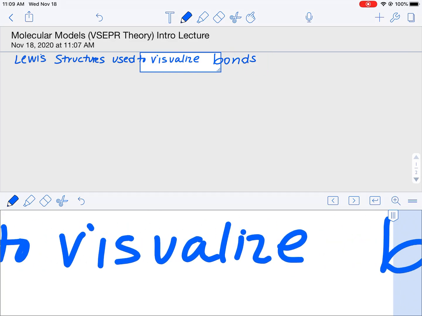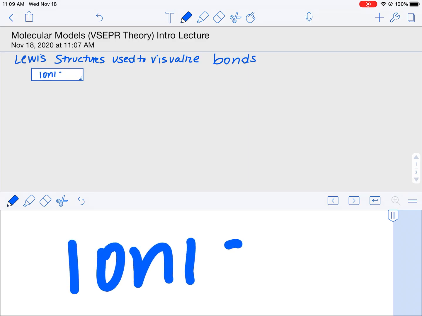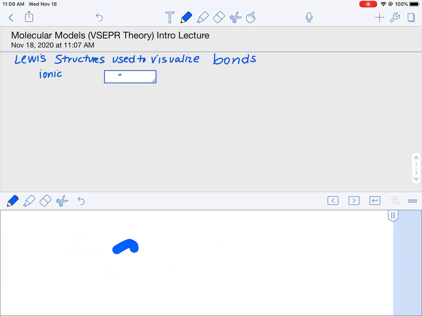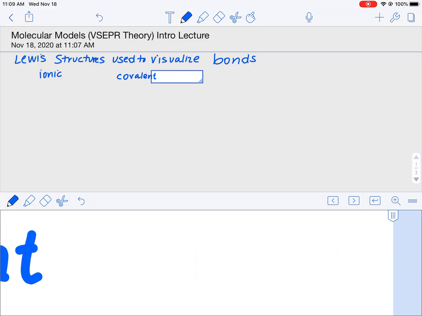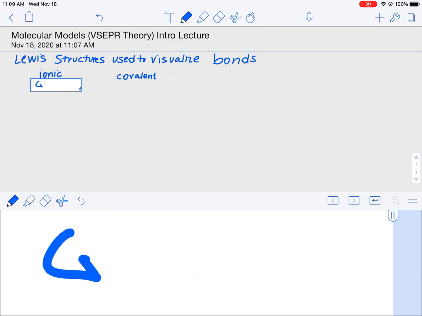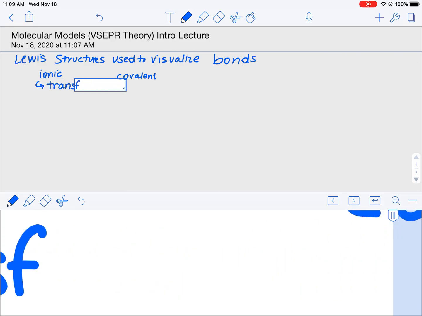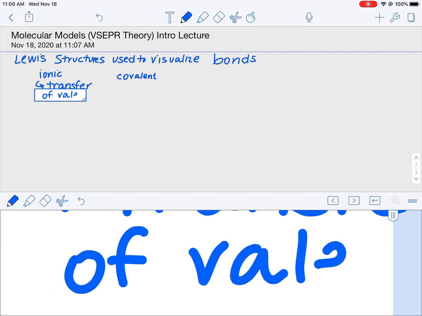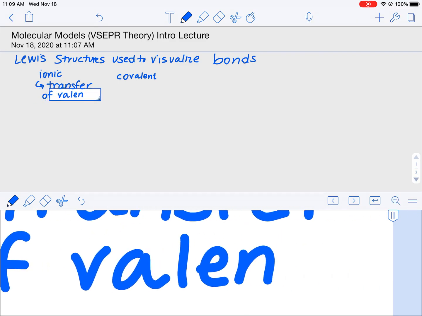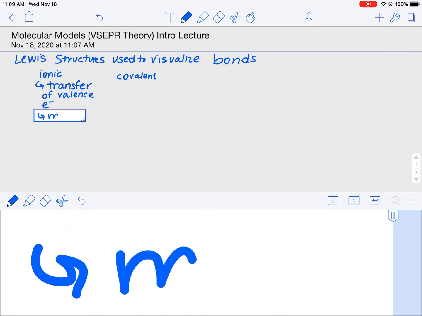We know that there are three kinds of bonds: metallic, ionic, and covalent, and we learned how to do these Lewis structures for ionic and covalent compounds. The ionic has to show the transfer of valence electrons between two atoms, usually a metal and a nonmetal.